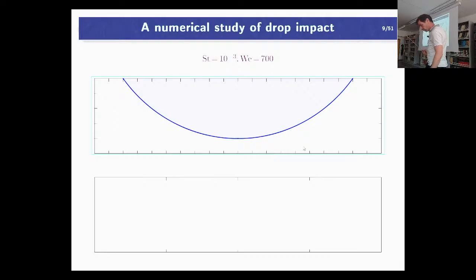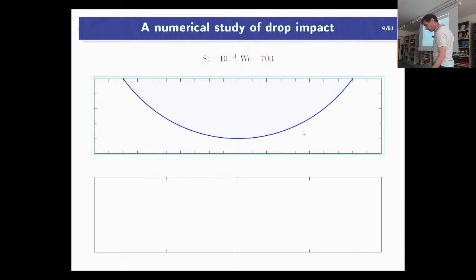And if you manage to write such a code, here is what you obtain. After the dimple formation, there is an interesting scaling, which is the thickness and the radius of this entrapped gas bubble. And then after that, you see the emergence of the very thin liquid corolla.